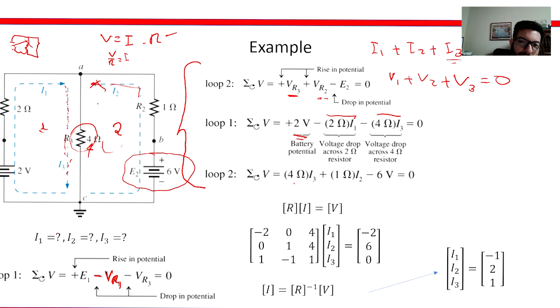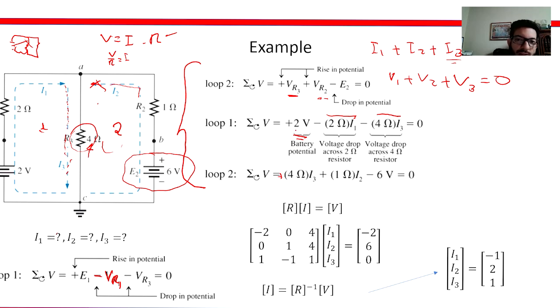Now for the second loop, we have 4 ohms times current 3, positive, and 1 ohm times current 2, which we decided is going to be positive also, then negative 6 for the source, equals 0. If you don't follow this artificial, fictitious convention, you'll get wrong currents. You get much higher currents than they usually should be.